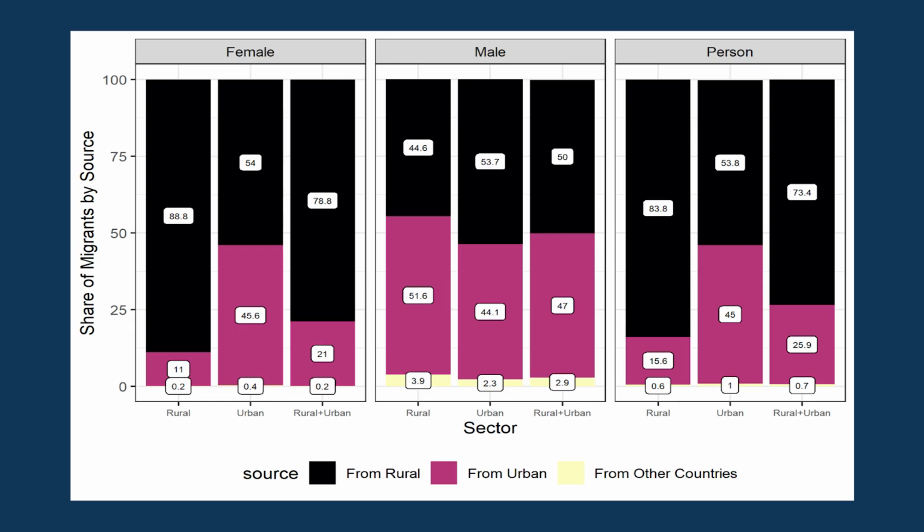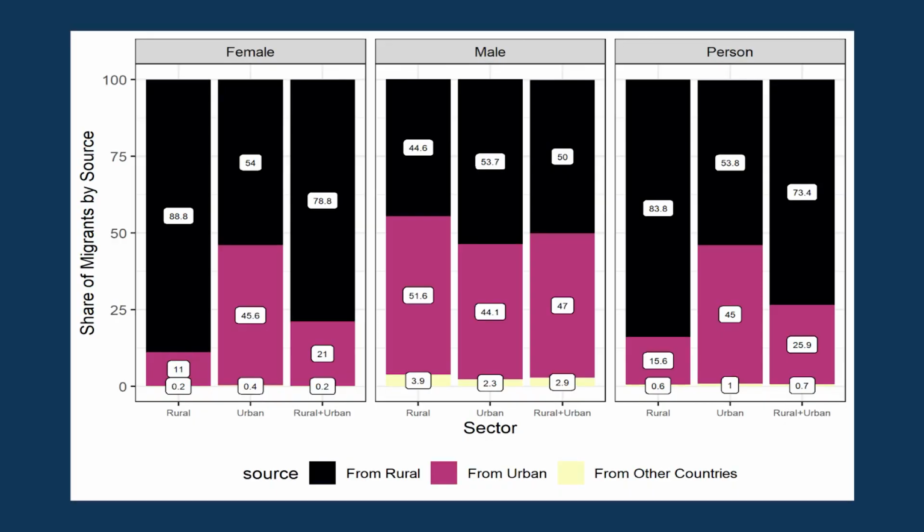Now this seems a little counterintuitive, but let us also understand this survey was conducted amidst the whole post COVID-19 scenario, where a lot of workers might have come back from urban to rural sector, and they might have said that generally we stay in the urban sector, now we are staying in the rural sector. So about 51.6% of them would say that they have come from some urban area.